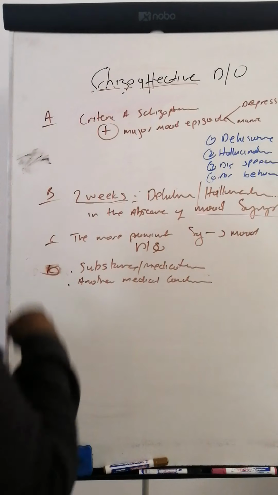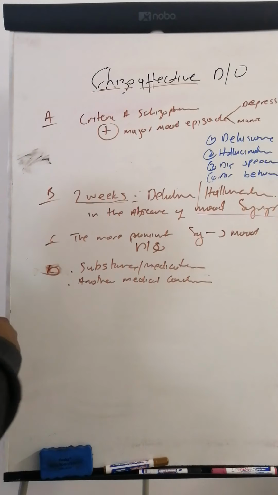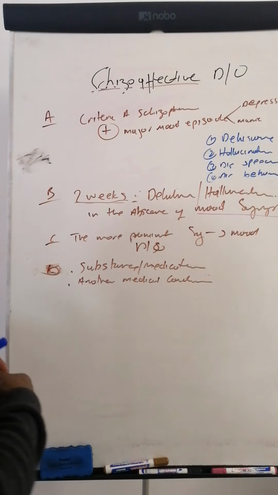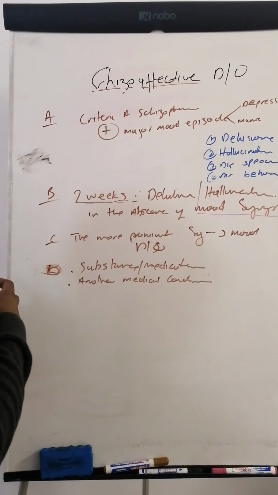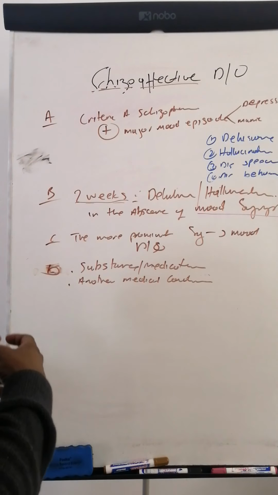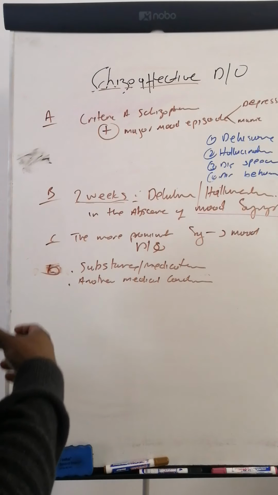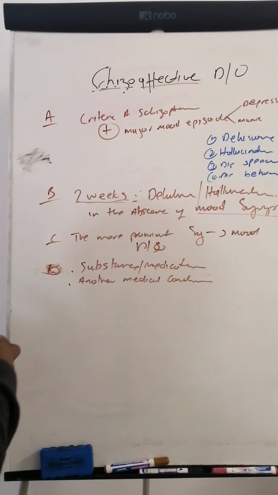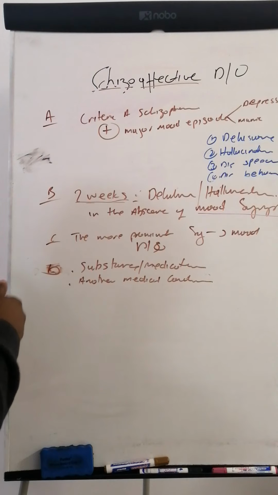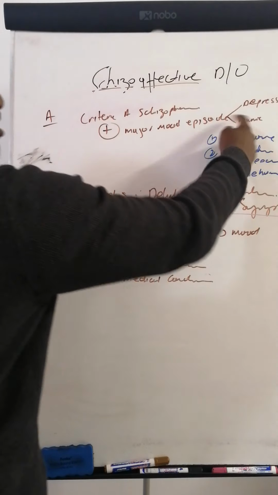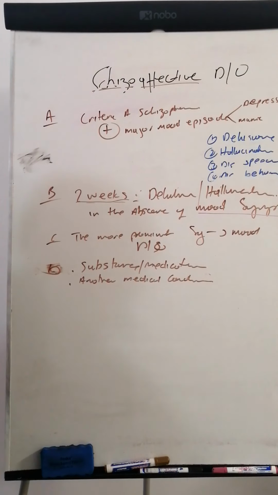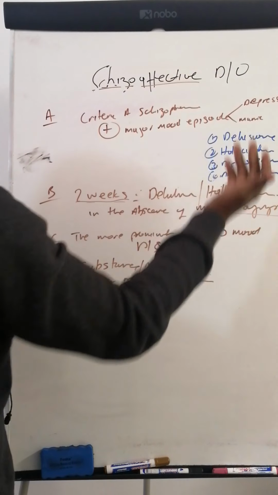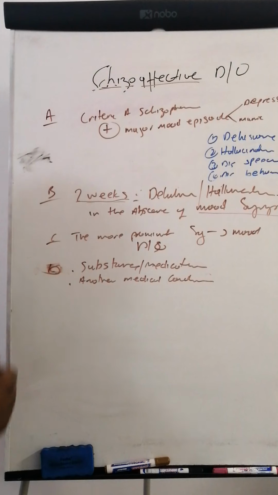I'm going to go through it again very fast. Schizoaffective is a condition whereby you've got a portion of psychosis and a mood component. Criterion A says that to diagnose schizoaffective, we must meet criterion A of schizophrenia, which is 2 or more of these symptoms, one of which should be delusions, hallucinations or disorganized speech.